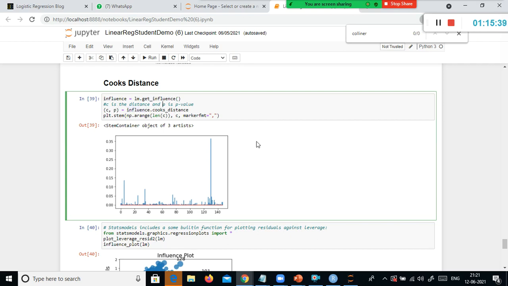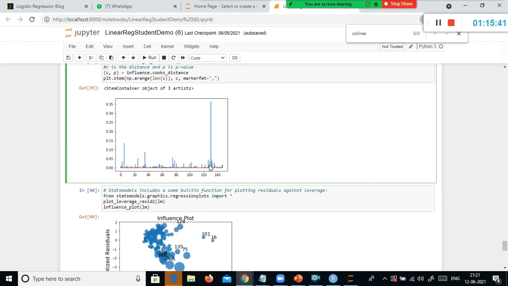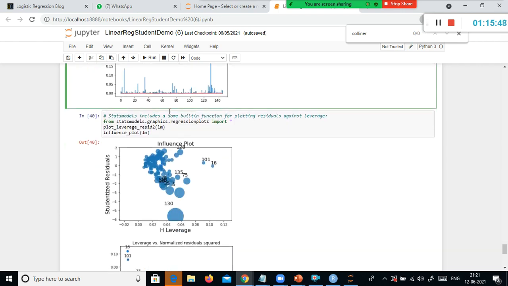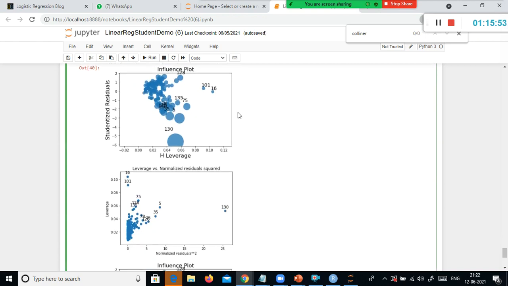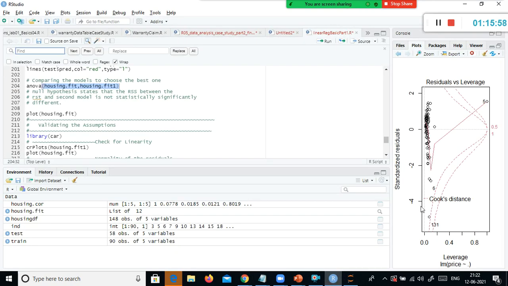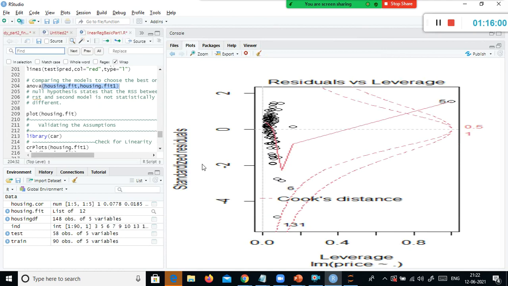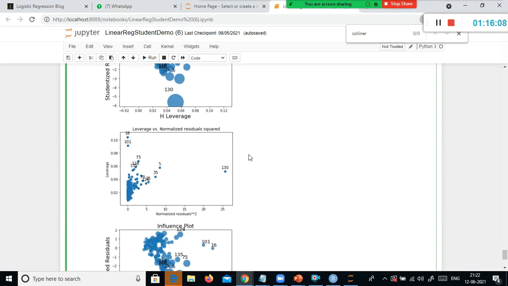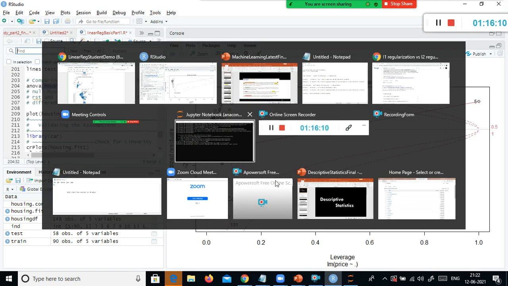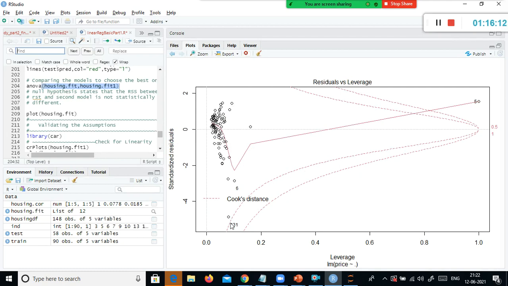When you plot these two values, it is quite obvious that these two values are quite high. But instead of relying on this, if you plot the influence plot, which is available, if you look here, 130, as we have seen here, we saw 131 here, but here 130.